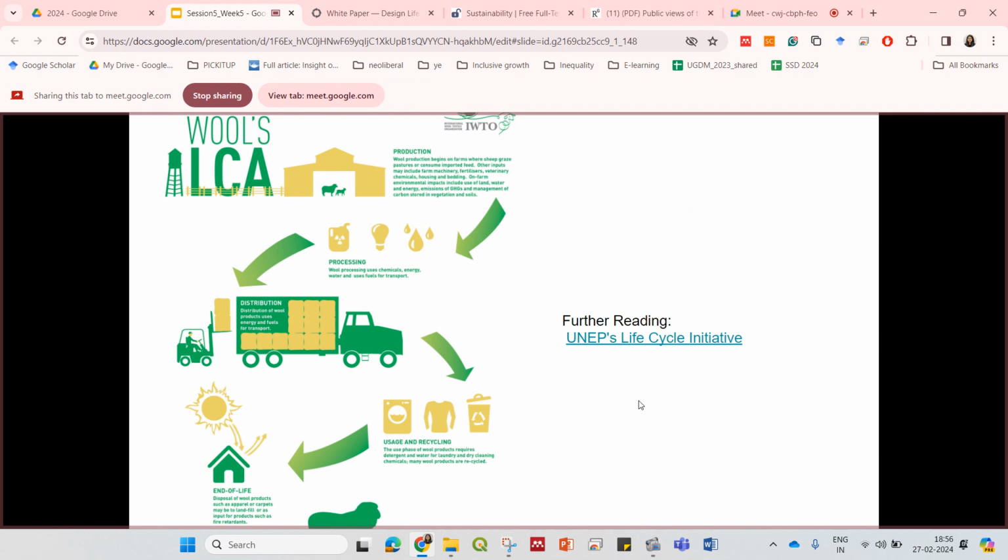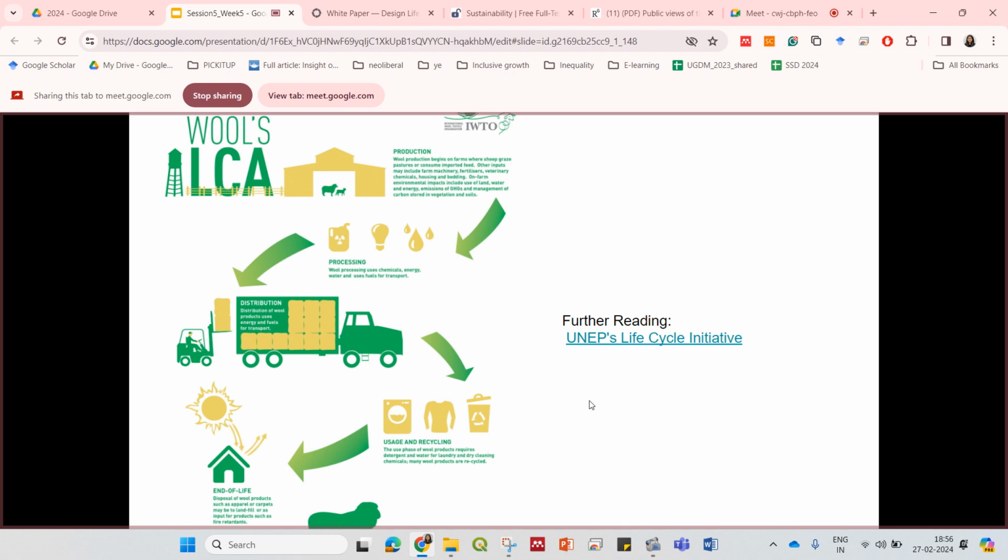Another example which was there in your lectures was the example of wool. So this is the life cycle assessment of wool. How from production it goes into processing, then into distribution, then usage and recycling, and then to its end of life.